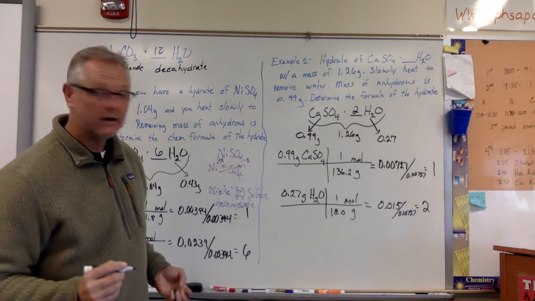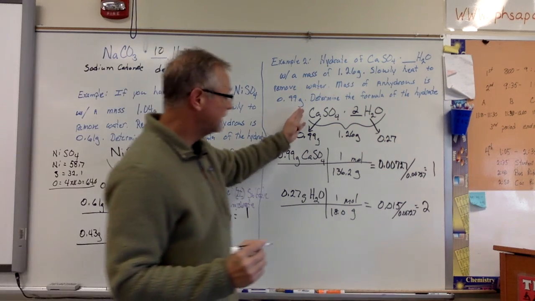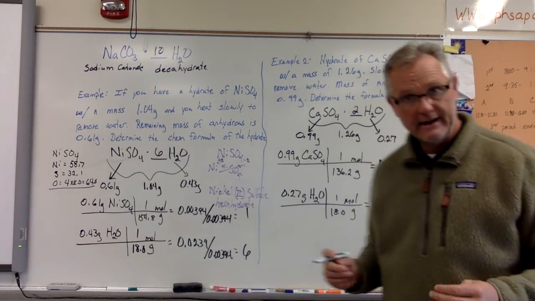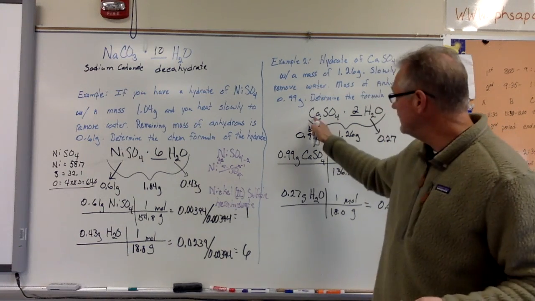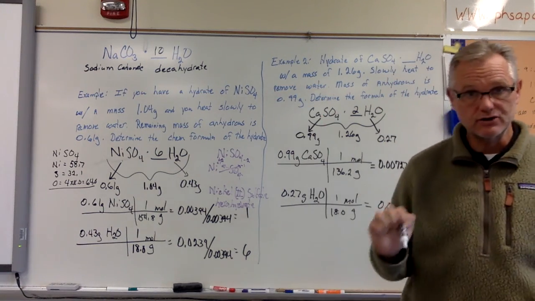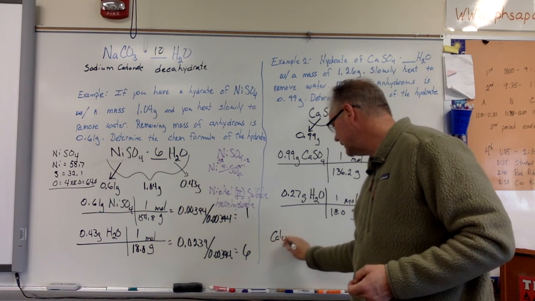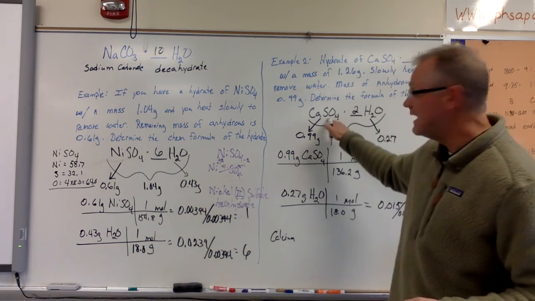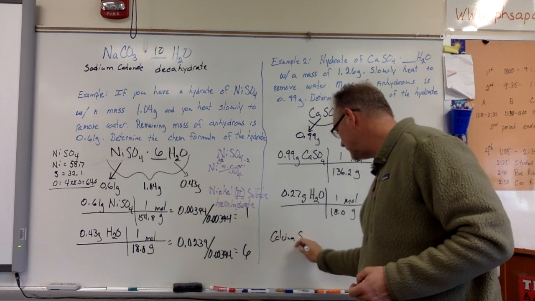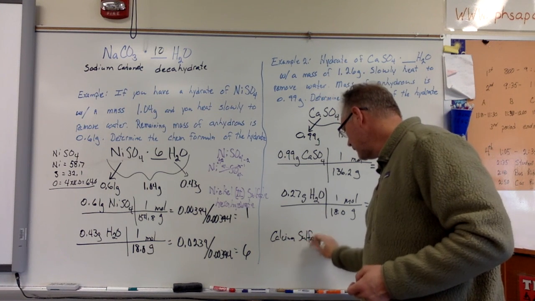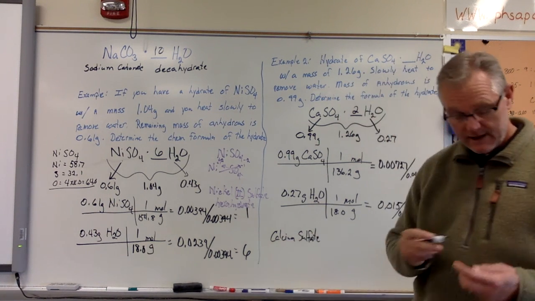Now, if I try to name this, my ion part is going to be calcium, which is not a transition element, so I can just write it down, calcium. And then SO4 is a sulfate. Why did I not put a Roman numeral?